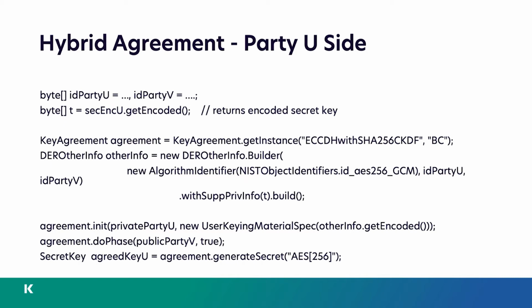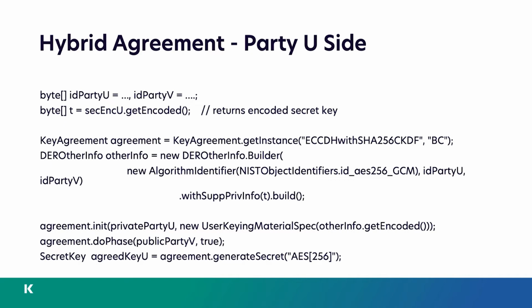Our next step is to generate the other info object, and we do this with a builder method. In this builder method, we need an algorithm identifier and the IDs of both parties, and since we also have the T-value, we use the following method to include that in our object, and then we build it and we have the other info object.